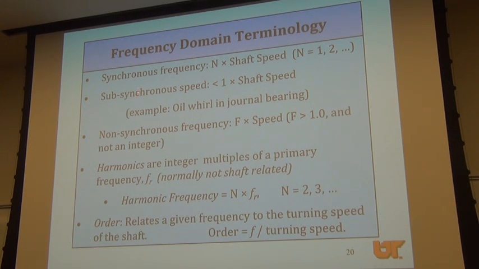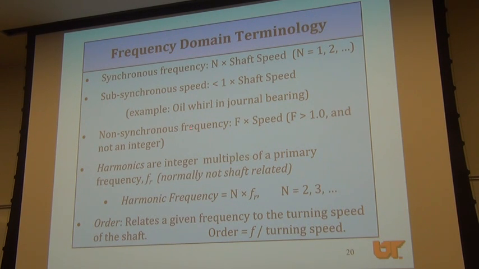If a frequency is less than 1 times shaft speed, then you have what's called sub-synchronous frequency: less than 1 times, 0.5, 0.6 times the RPM.